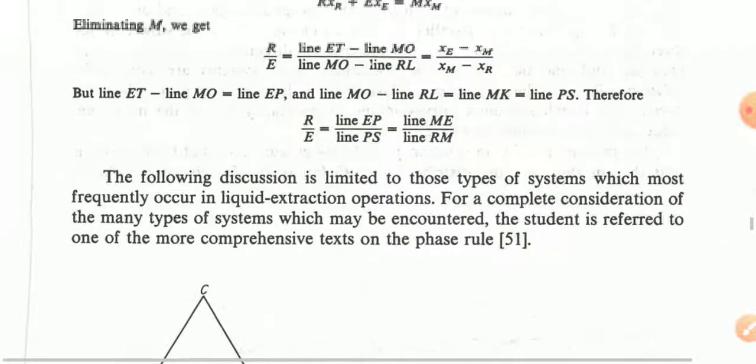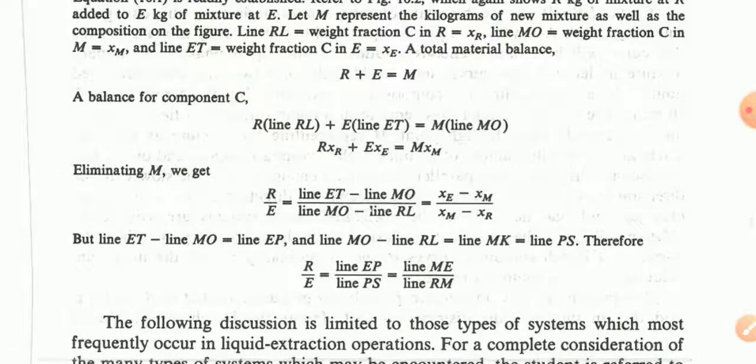Now in figure 10.2 we have to look carefully. Eliminating M, we get R by E, and for component C, RXR plus EXE is equal to MXM. So R by E is equal to line ET minus line MO by line MO minus line RL, which is equal to XE minus XM by XM minus XR.